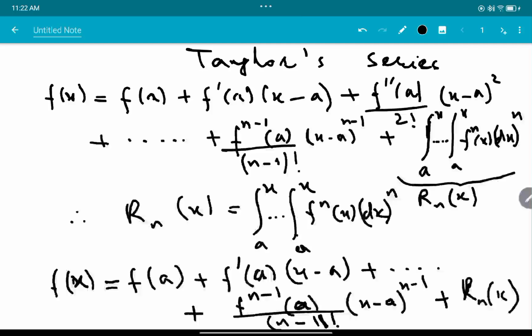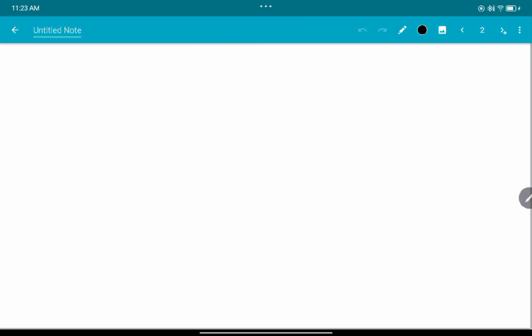Now, before talking about the value of R_n(x), we must be able to integrate this expression. Let us take it up from a simple example. Suppose you have the integral from a to x of dx, just 1 dx.